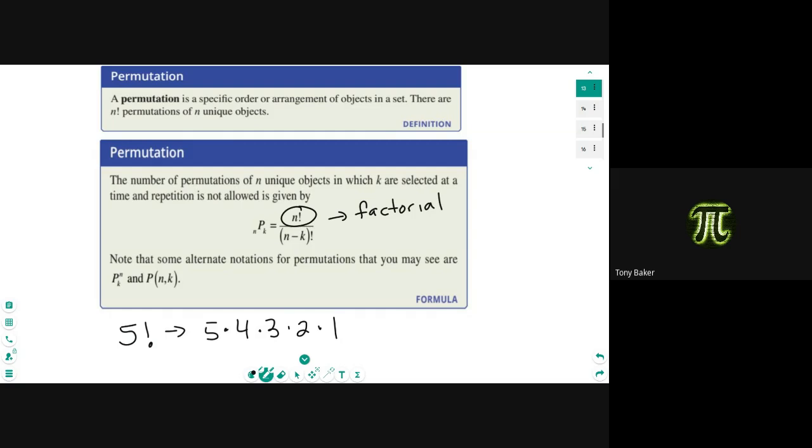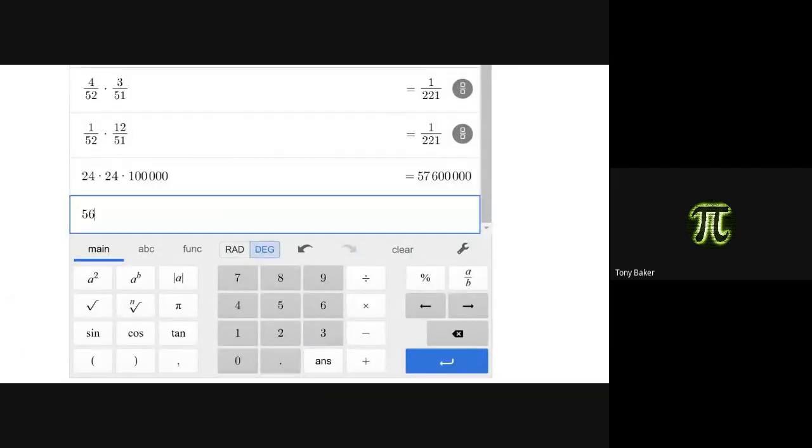Yes, just integers. Now, I will tell you that Desmos will do it for you. Just put the exclamation point. For example, here's 56 factorial. It'll do it for you. So don't sit there and stress out about it.